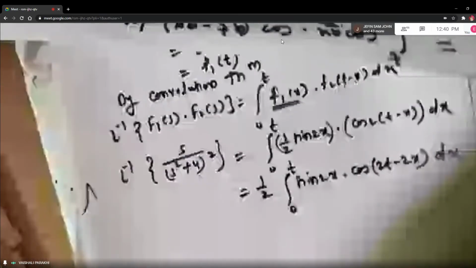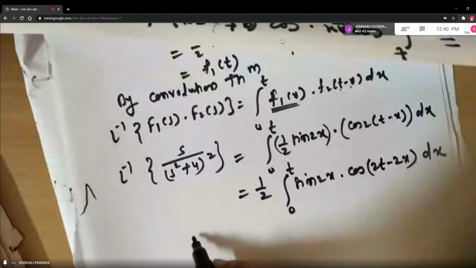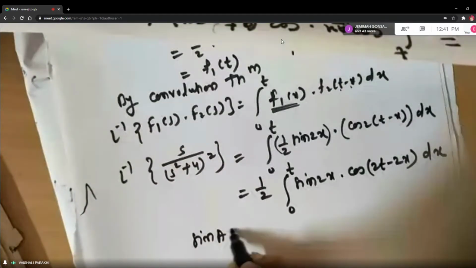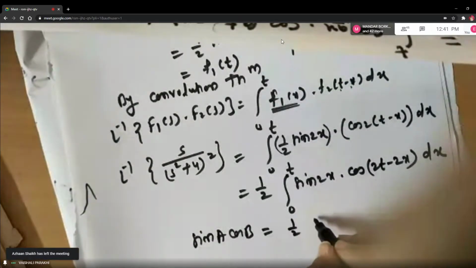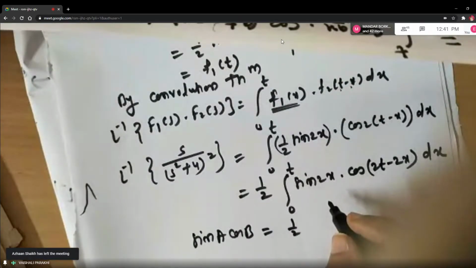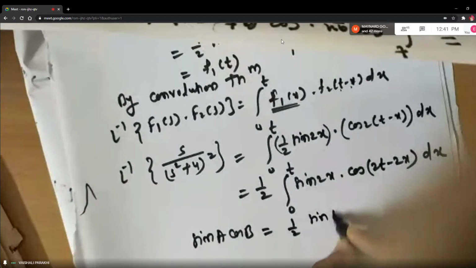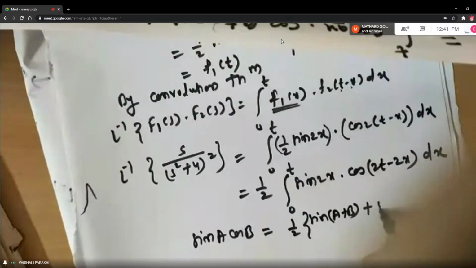Now tell me the correct formula for sine A cos B. Half of sine of A plus B plus sine of A minus B. Okay, sure, no?